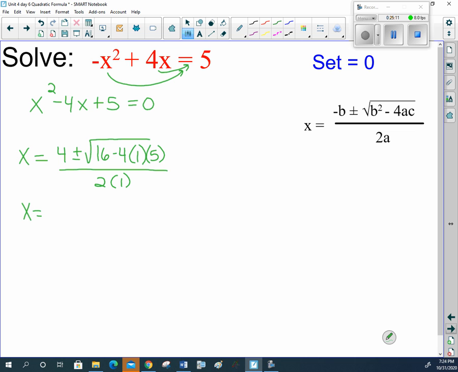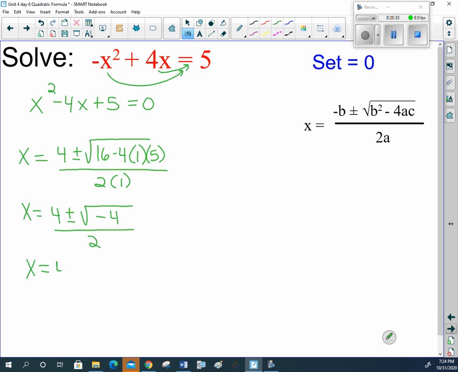So then our next step is just to figure out on your calculator, without the square root symbol, do not type the square root symbol in, what is the number underneath the radical. That would be 16 minus 4 times 1 times 5. So that's a negative 4, divided by 2.